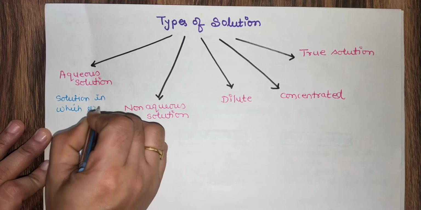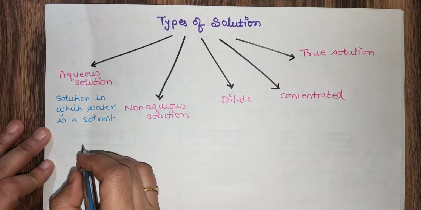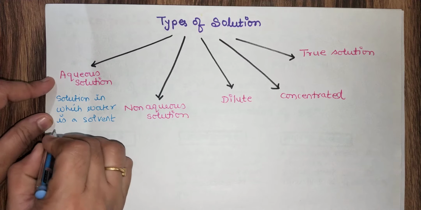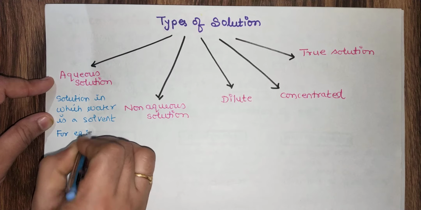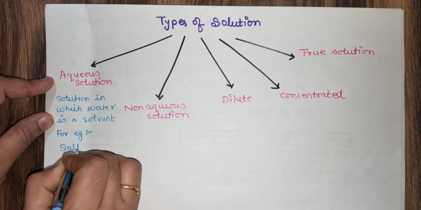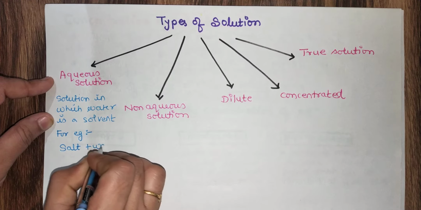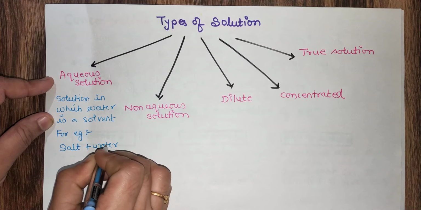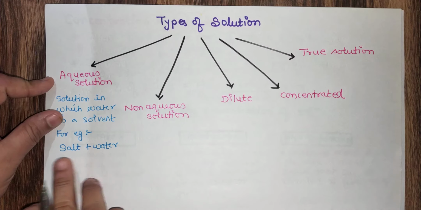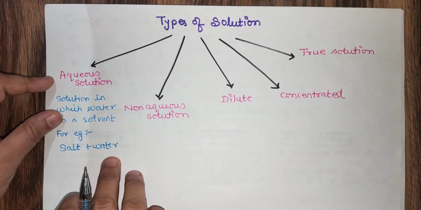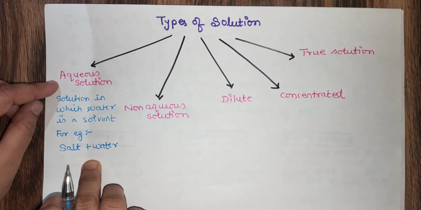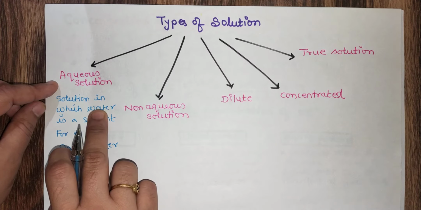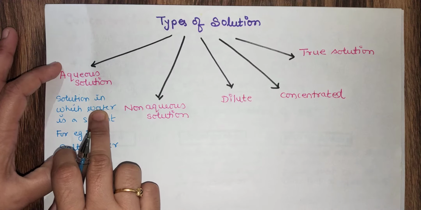For example, if you dissolve salt in water, salt plus water, as you can see that you have dissolved salt in water, so this solution will be known as an aqueous solution, because whenever the solvent is water, that solution is an aqueous solution.